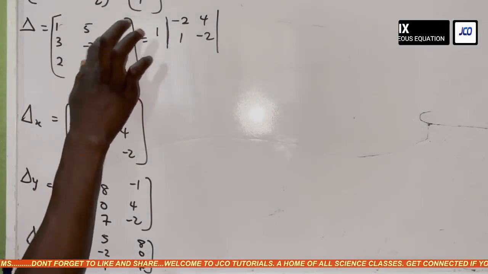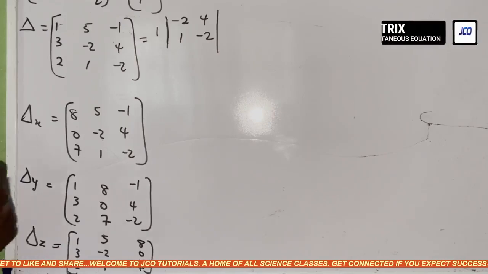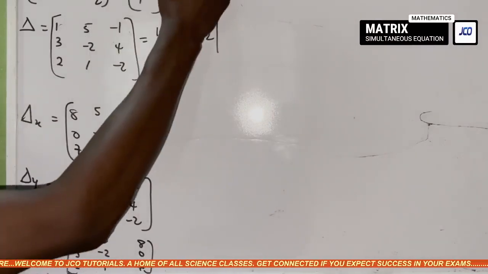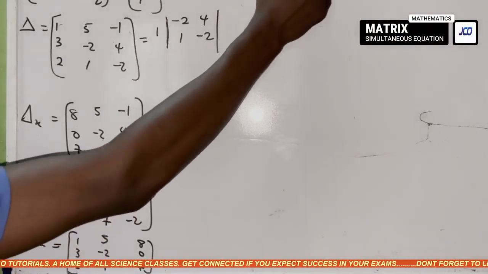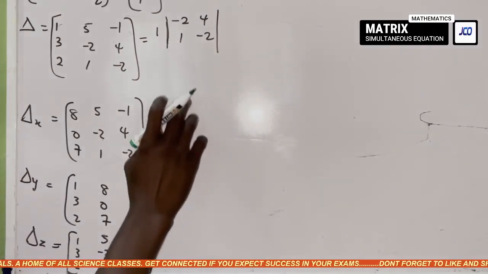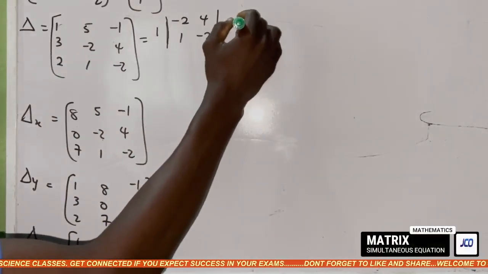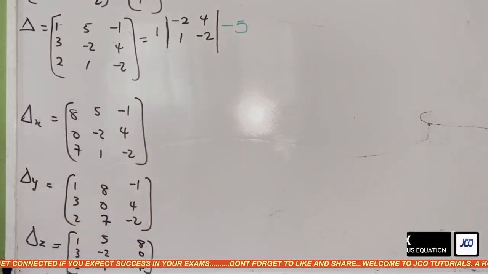Take the second guy. What we are taking is only the first row as the coefficient, the factor. The second one is 5. We always change the sign of the middle one. If it's 5, you change it to minus 5. If it's minus 5, you change it to plus 5.